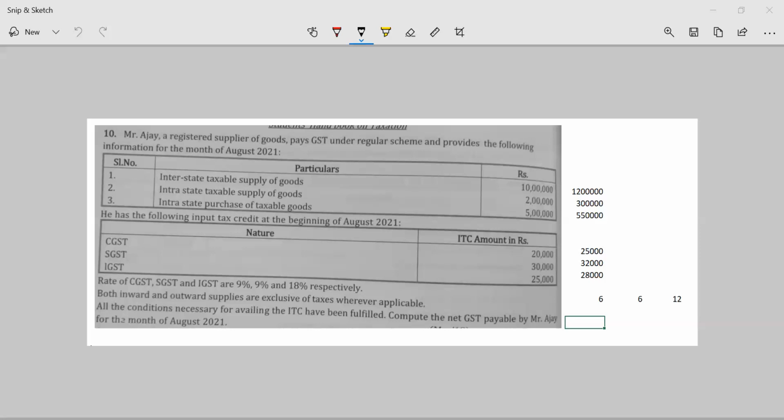Were you able to do it? Dheeraj, is it 1,04,000 IGST? Give me 1 second.